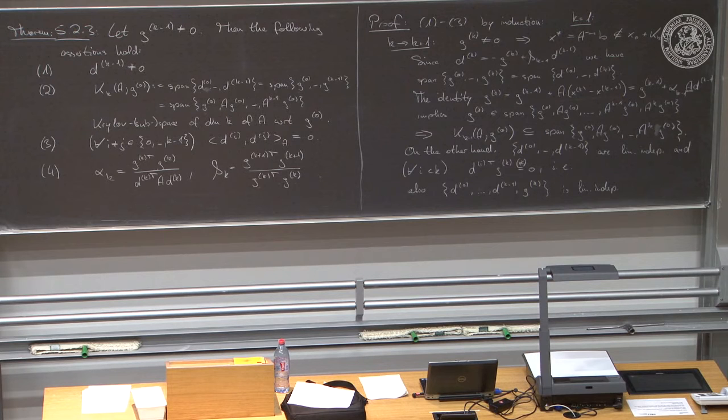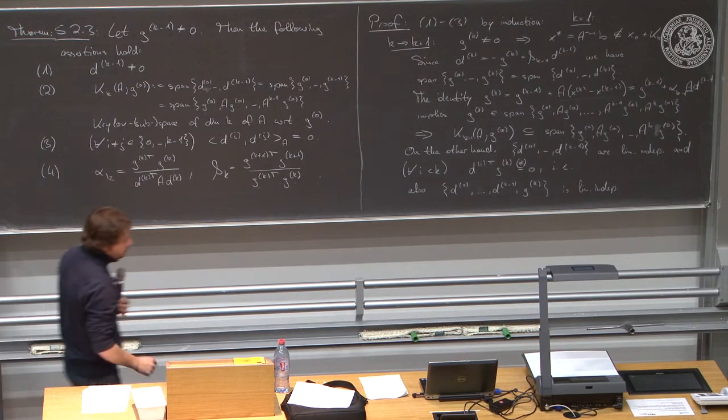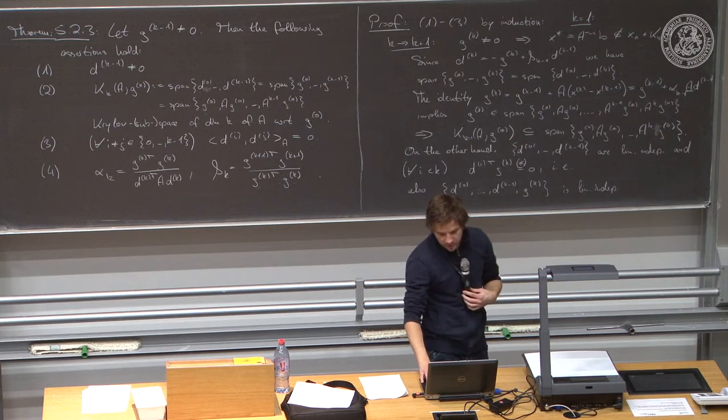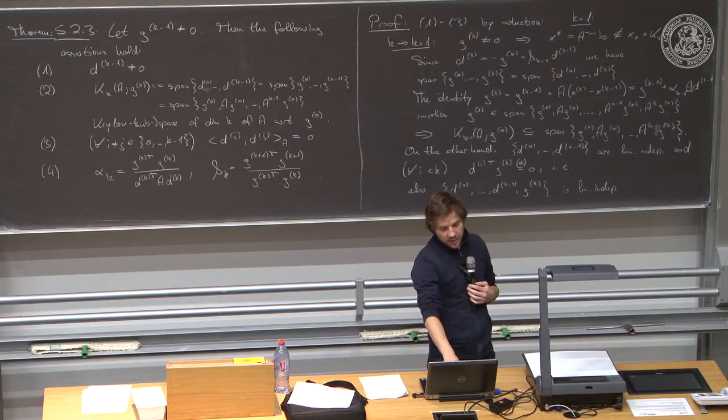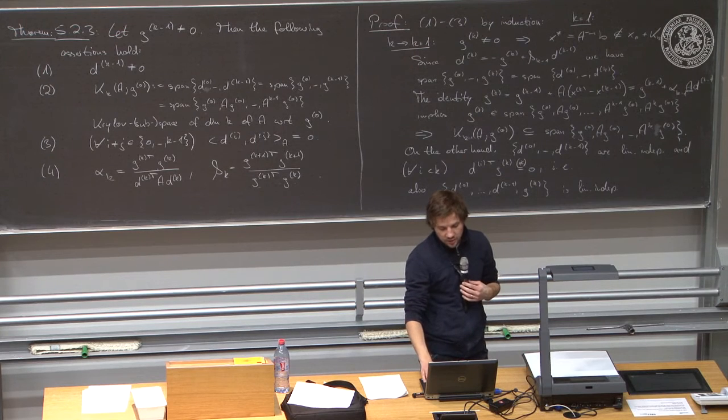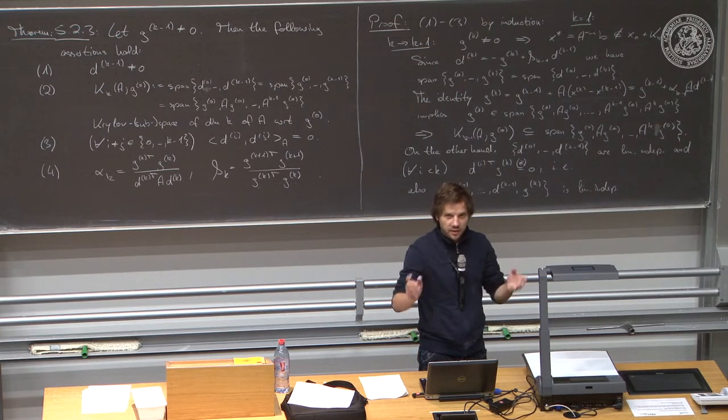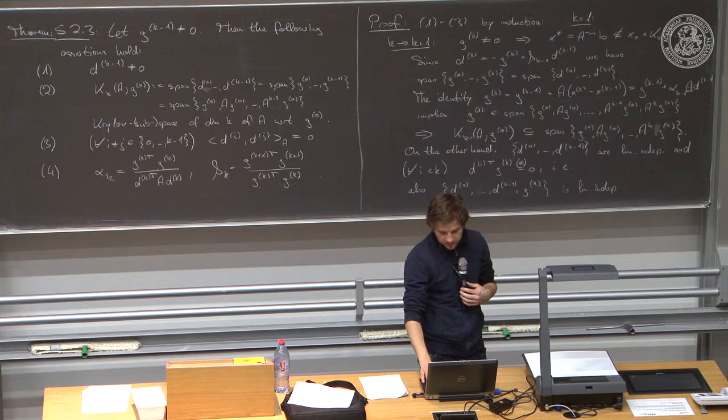The convergence rate of the gradient method, when kappa is the spectral condition number, is this here: kappa minus 1 divided by kappa plus 1, to the power k.